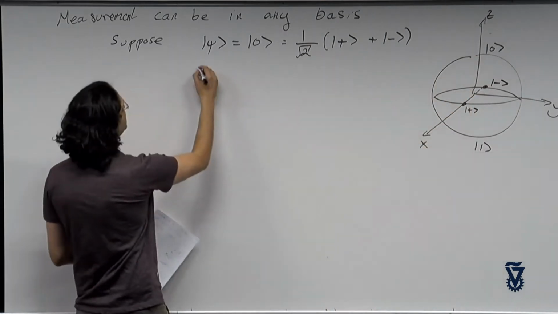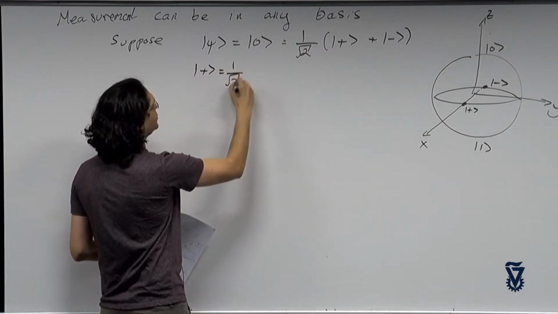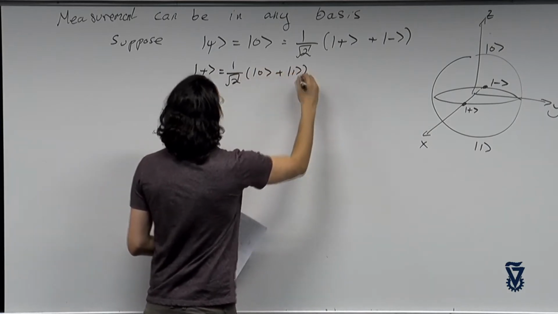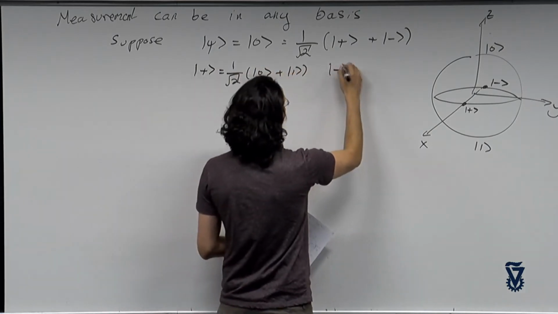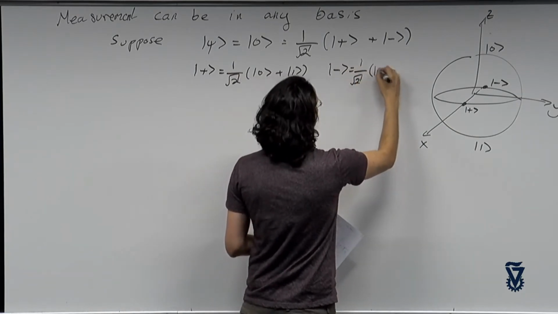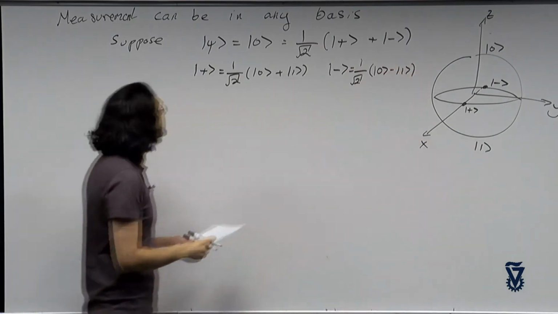Okay, so let's just define them. Specifically, plus is 1 over square root 2 of 0 plus 1, and minus is 1 over square root 2 of 0 minus 1. Okay?